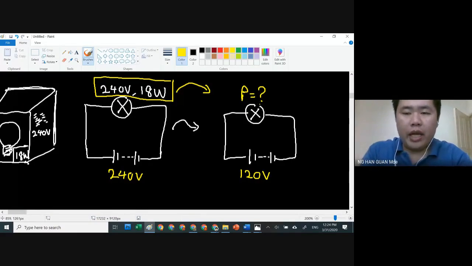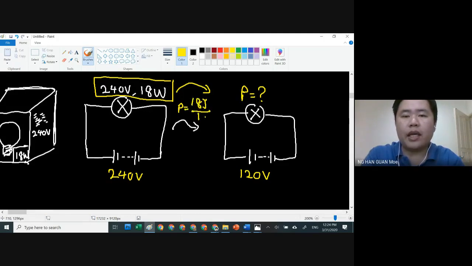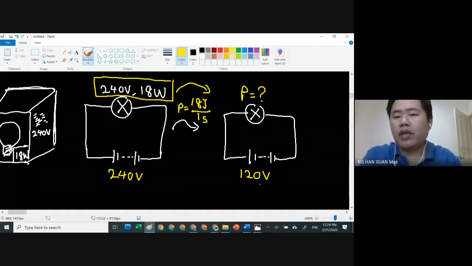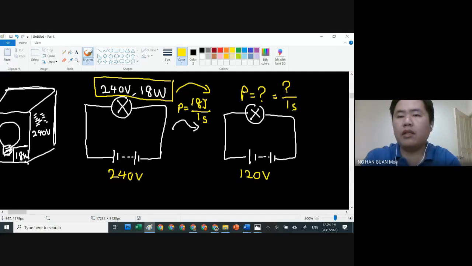Means, what is the energy consumed every 1 second? So the power will be 18 watts, which means 18 joule per 1 second. Now, if I supply 120 watt, I want to know how much energy there is for every 1 second.